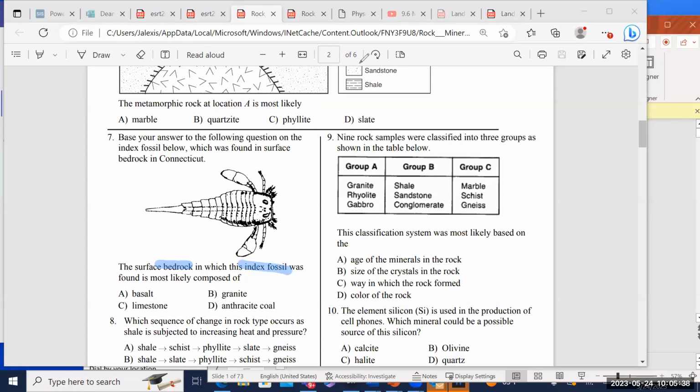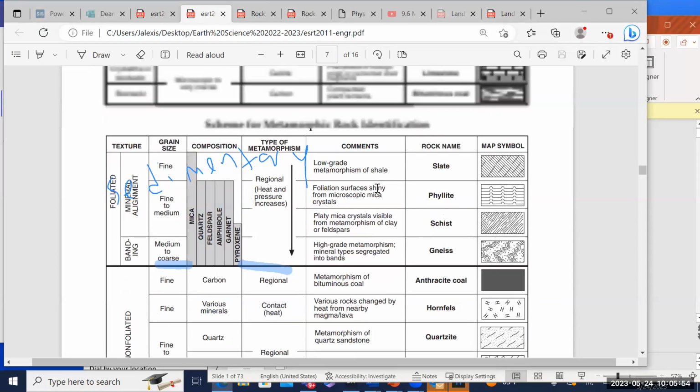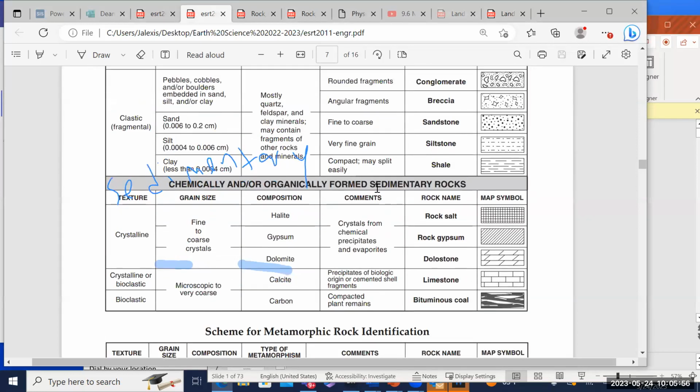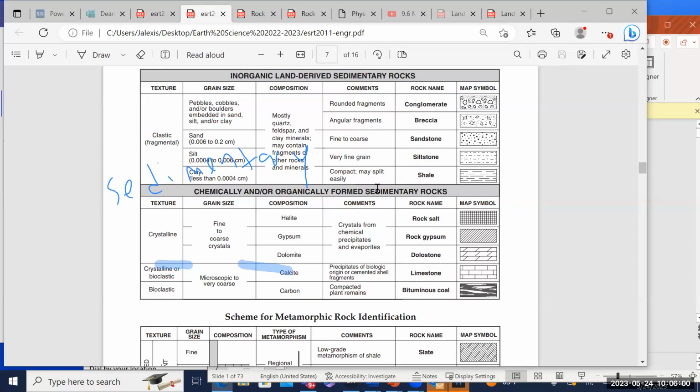There's only one type of rock that contains a fossil, and it is a sedimentary rock. So that means my answer has to be one of the sedimentary rocks on page 6 of the reference tables. It has to be one of these rocks, right?